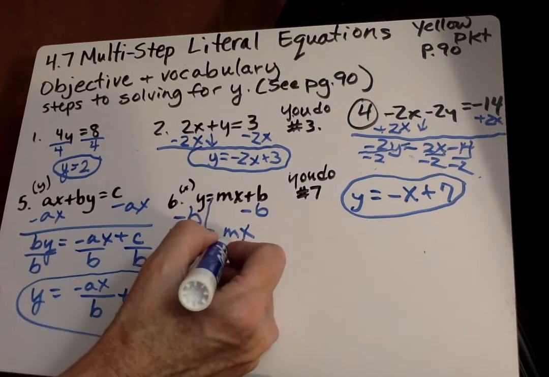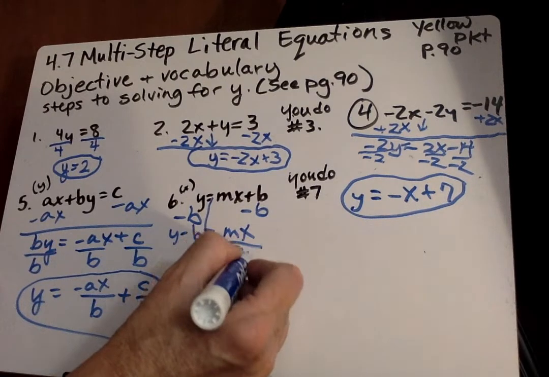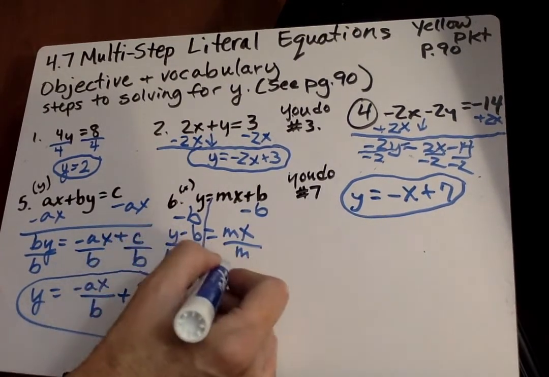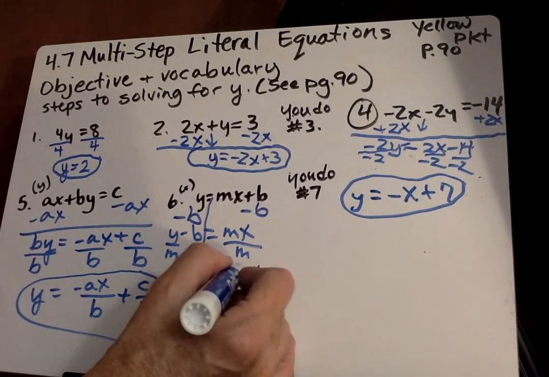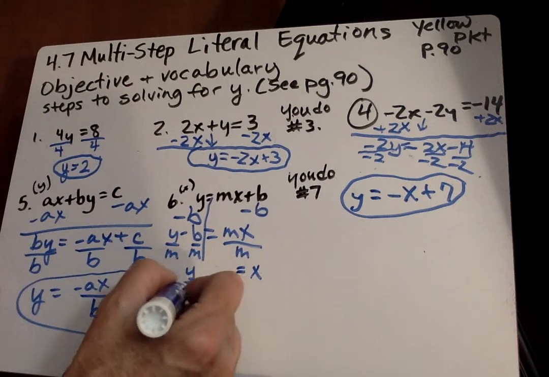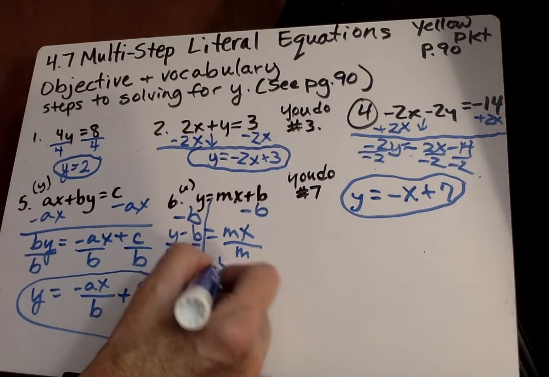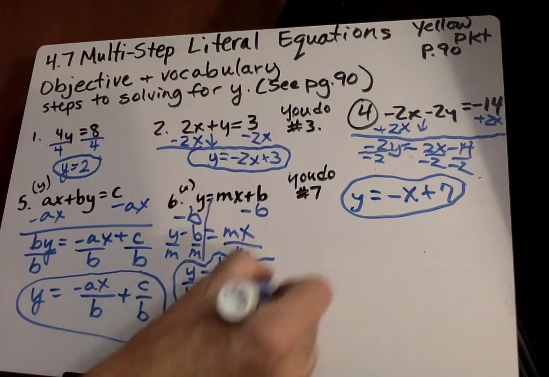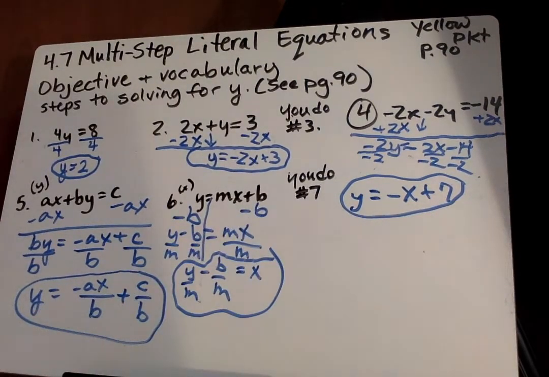So then I divide everything by m, and that will get x by itself. So x equals, now I'm going to delete this line, y over m minus b over m. And there you have number 6.